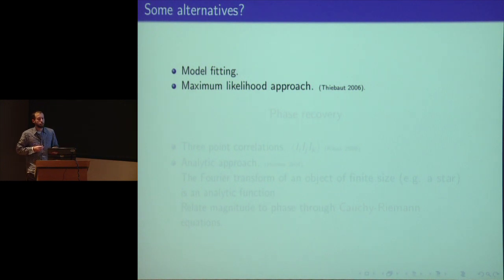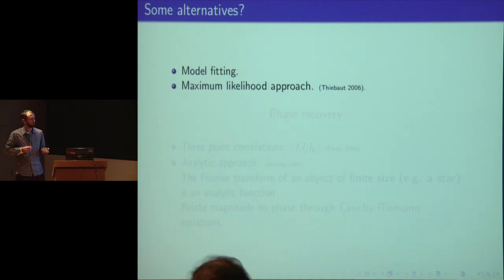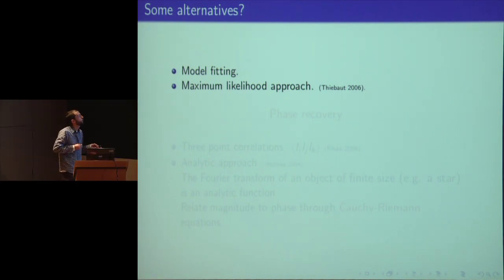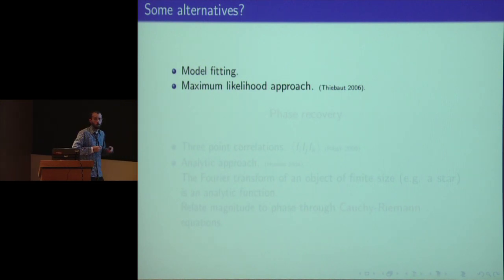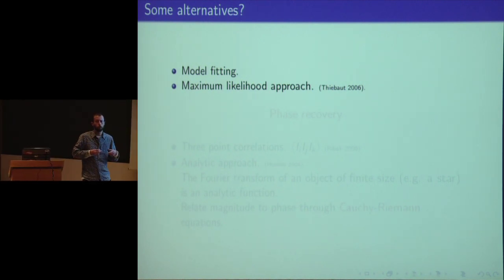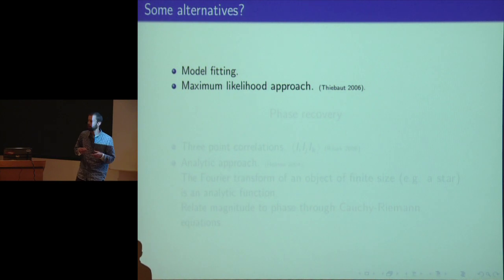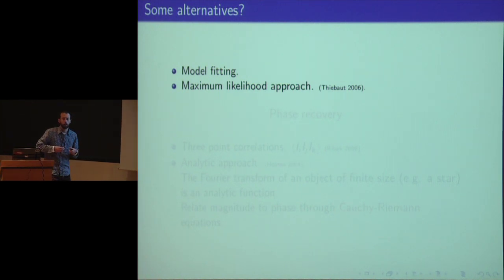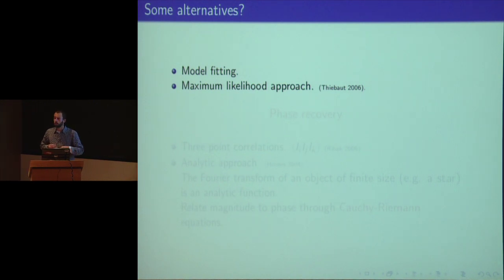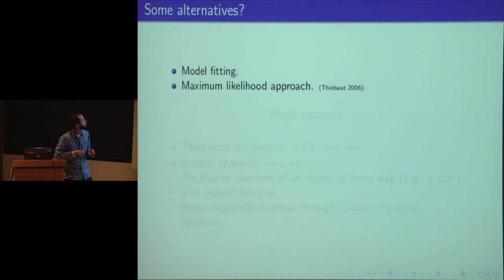So one alternative is to live with the fact that you can't measure the phase, and do some model fitting. If you more or less know the physical behavior of your object, you can parameterize it within some model and fit your model to the data.